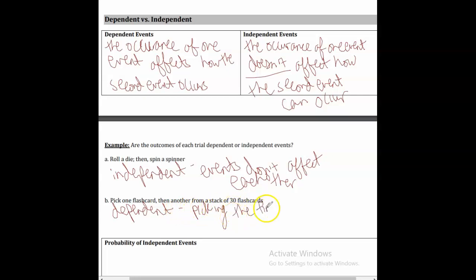Picking the first flashcard affects the possible outcomes of the second card.